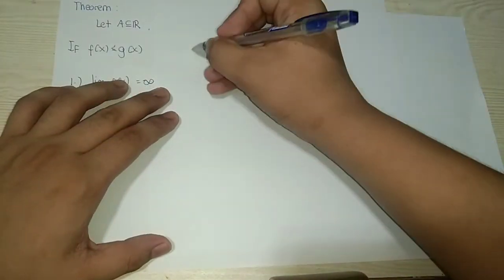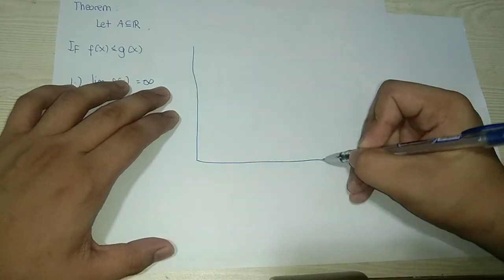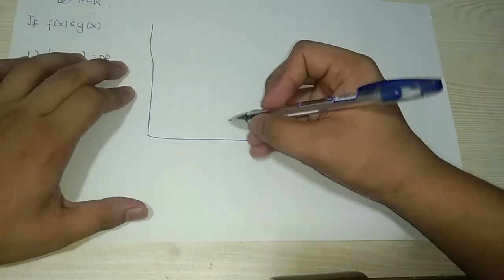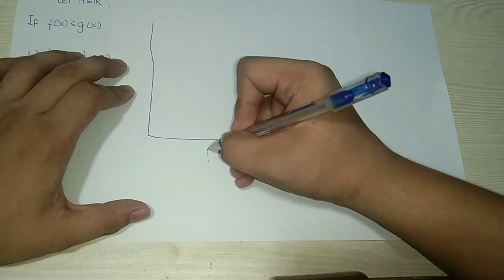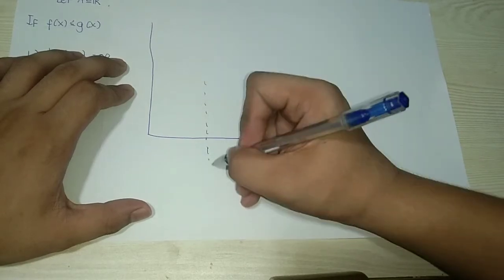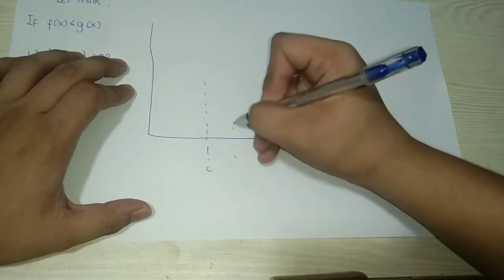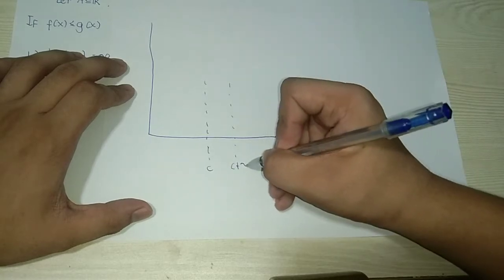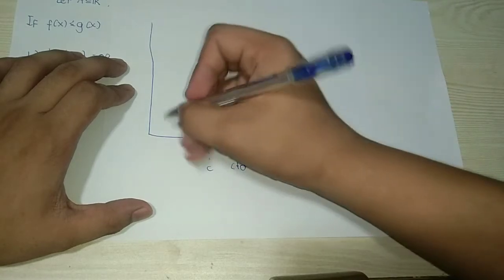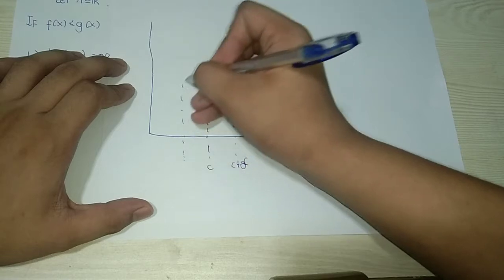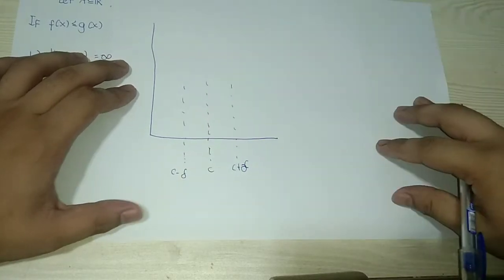So, yung una, let's say ito yung graph niya. Let's say ito yung C. And then this is C plus delta, and then this is C minus delta. Okay?